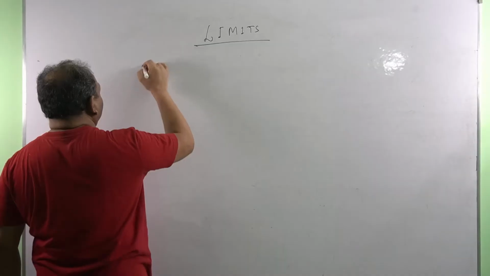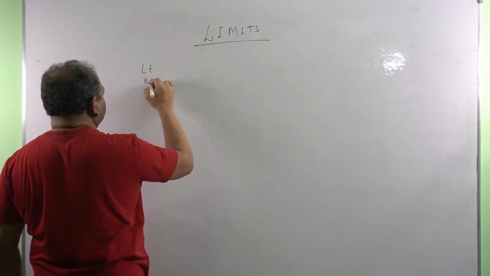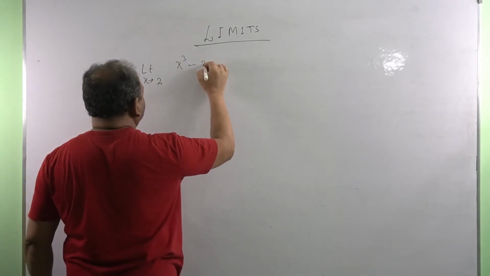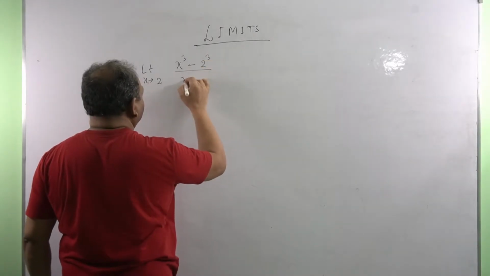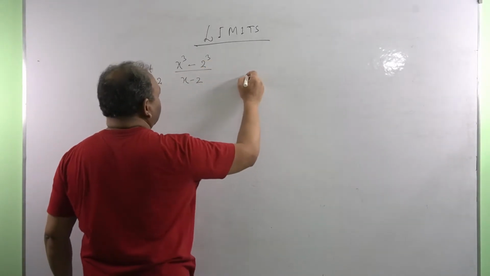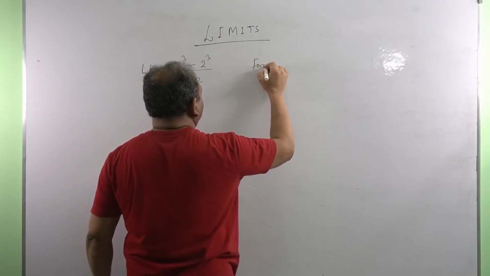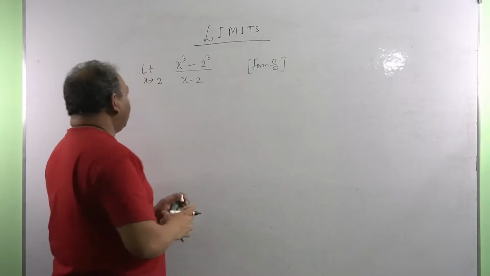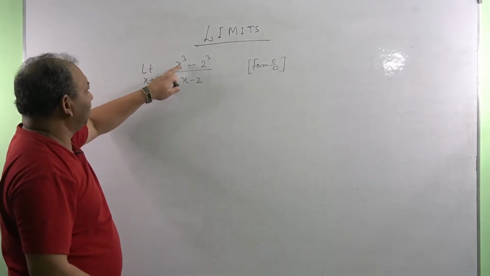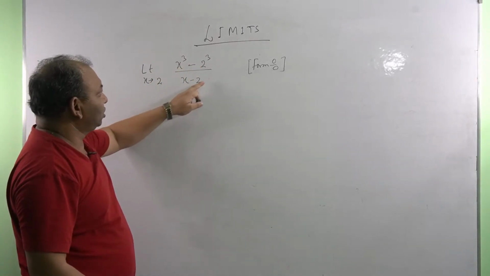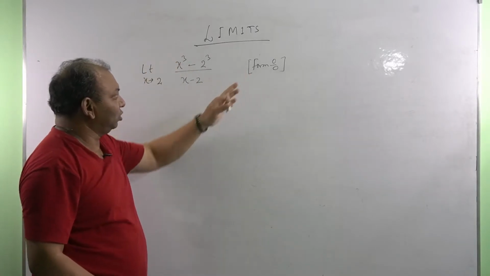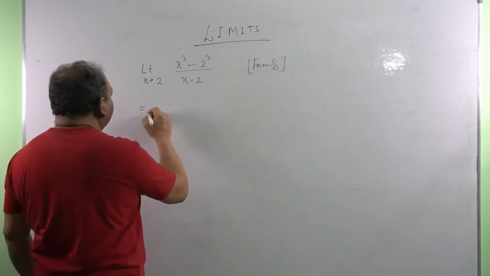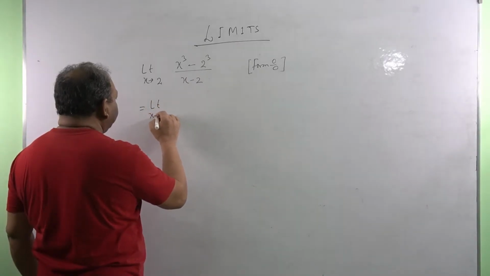Next example. Limit as x tends to 2 of (x cube minus 2 cube) divided by (x minus 2). This is of the form 0 by 0, a meaningless form. When we put x equal to 2 here, 2 cube minus 2 cube is 0, 2 minus 2 is 0. So this is of the form 0 by 0, which is a meaningless, indeterminate form. So we can factorize here.